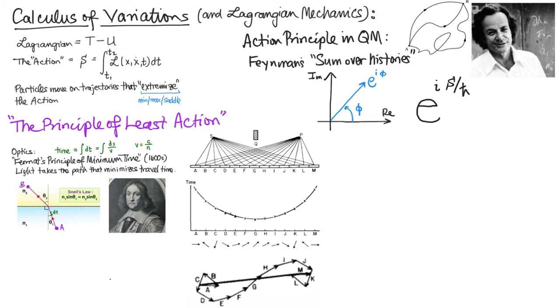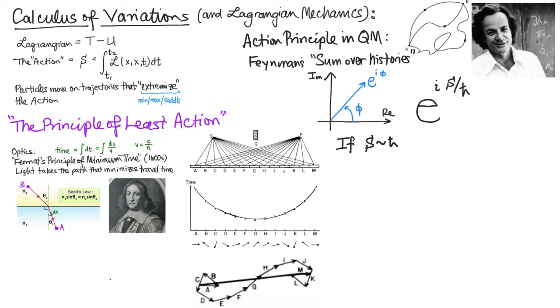So what we can see here is in the quantum regime, when the action is on the order of h bar, then in order to get the phase to wrap by 2 pi, you need S over h bar to change by 2 pi.